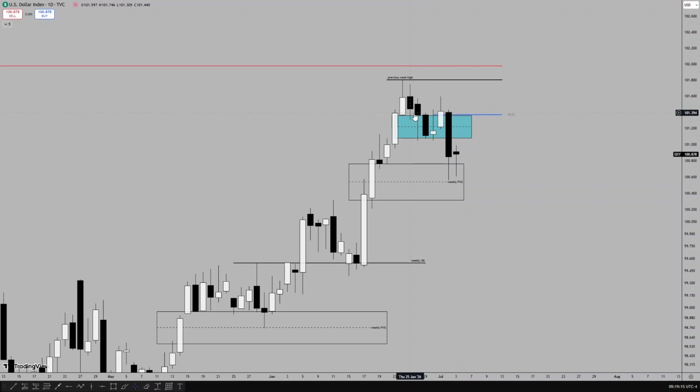I told you guys that my first draw on liquidity is to anticipate lower prices to the discount daily fair value gap. If price were to trade higher, I need to see a retracement in price trading into a deep discount of the daily fair value gap, which was aligned with the weekly fair value gap going in. But I pointed out that my first draw on liquidity is the daily fair value gap.